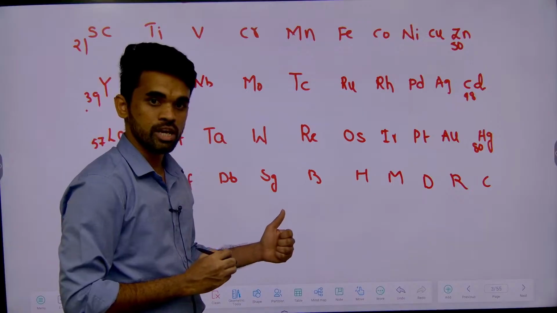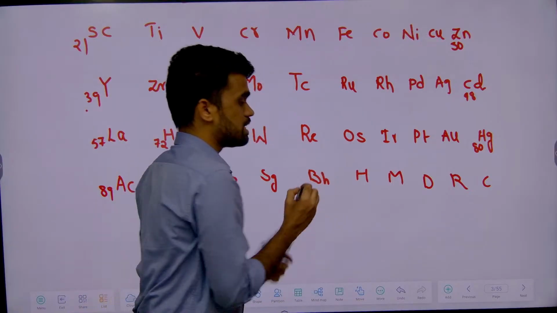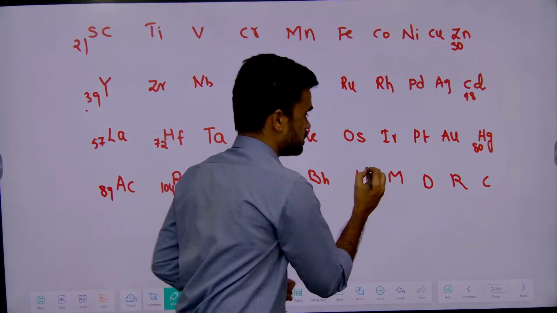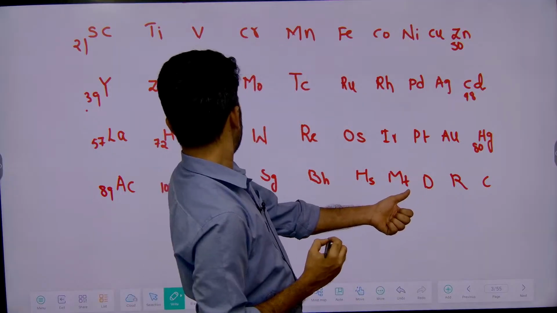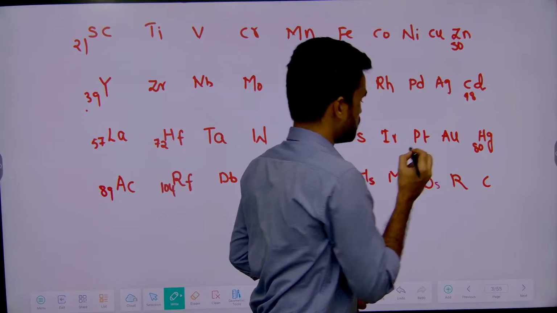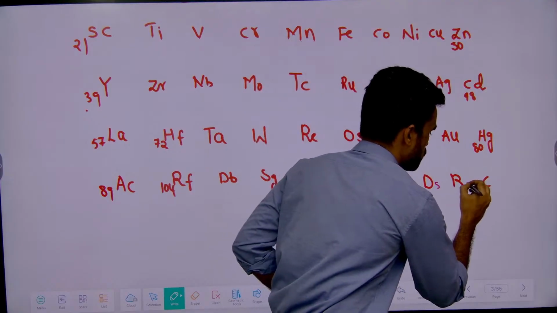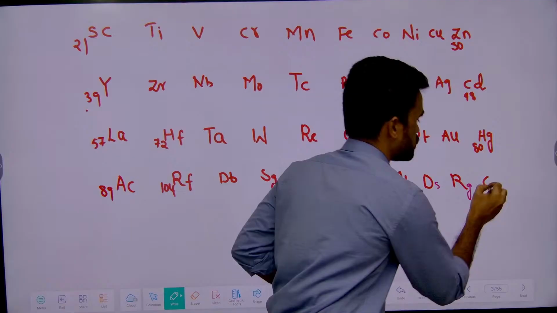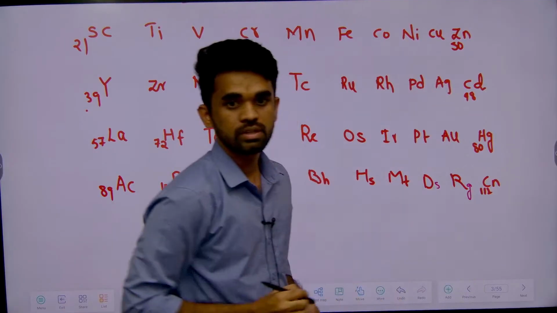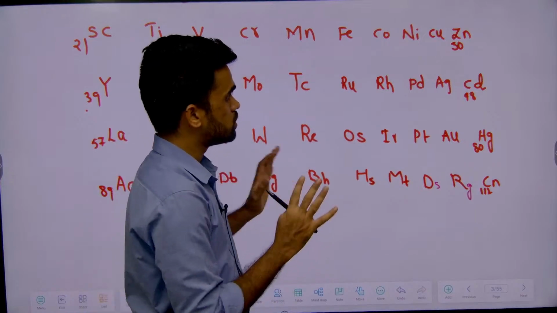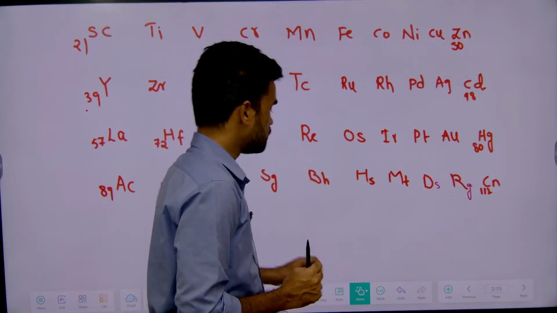Next one is bohrium, that is Bh. Next hassium, Hs. Next meitnerium, Mt. Next darmstadtium, Ds. Next Rg, roentgenium. Next copernicium, Cn. So its number is 112. So these are all the d block elements we have.